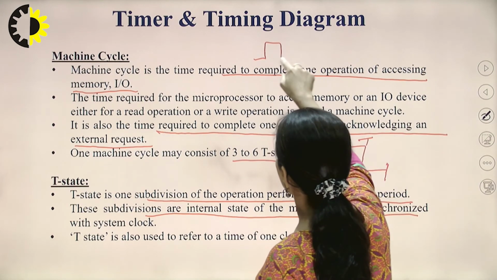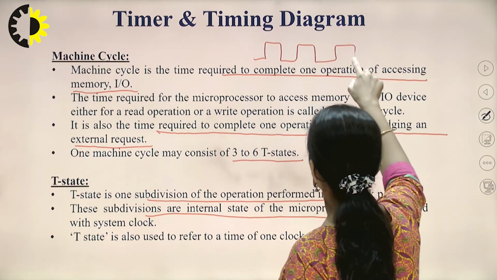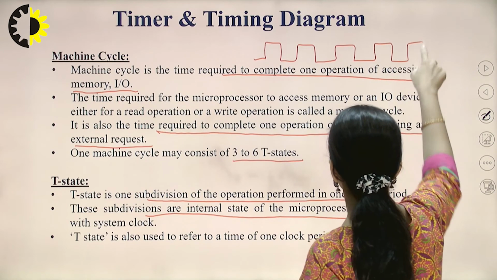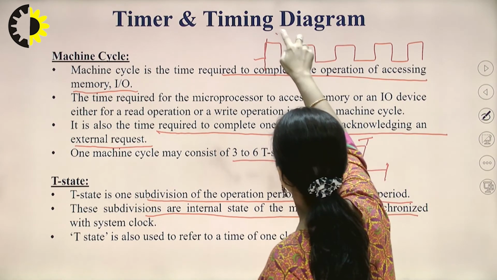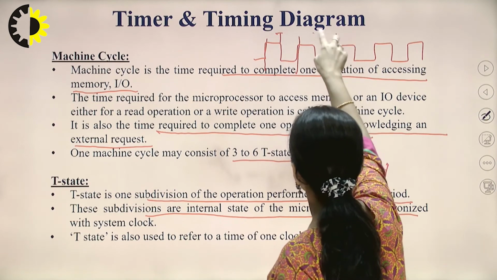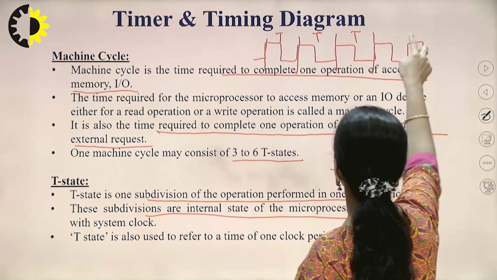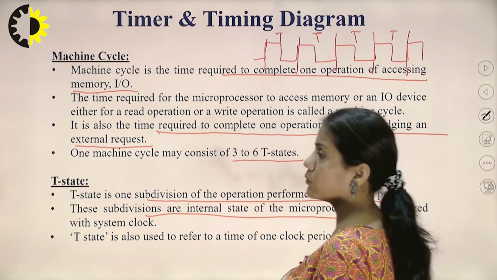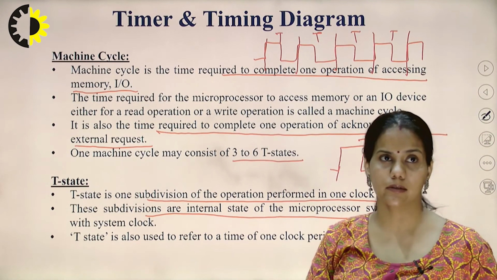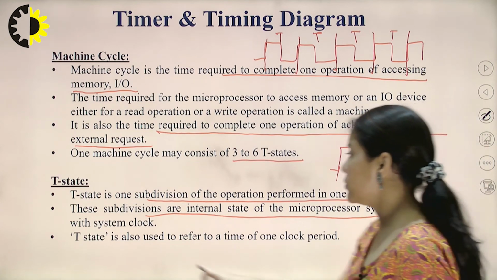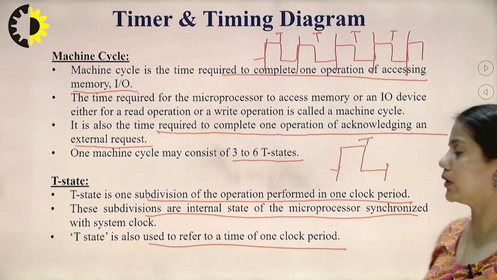Clock is a continuous series of pulses. So this is 1 T, then this is another T, and this is another T. In this way we count the number of pulses, that is the T states, or we can say the clock cycles.